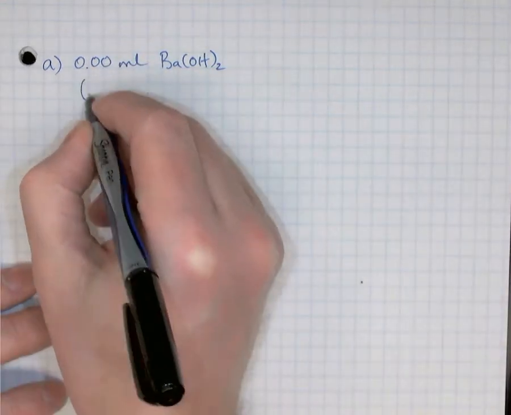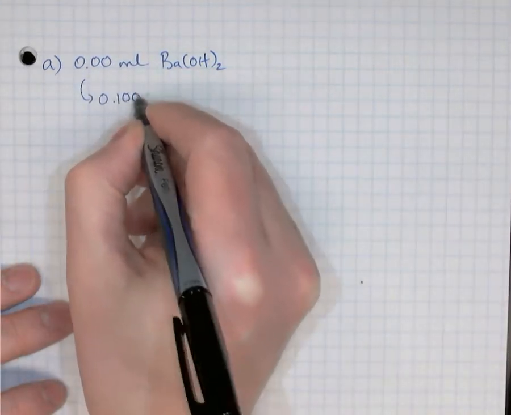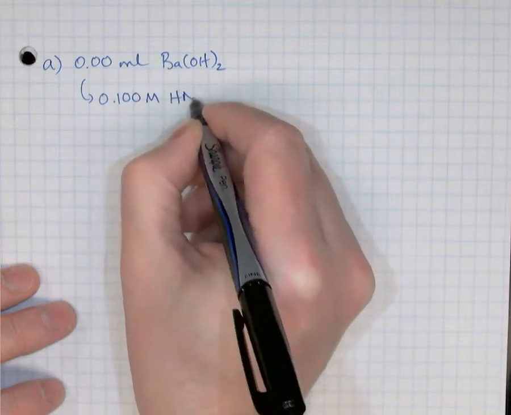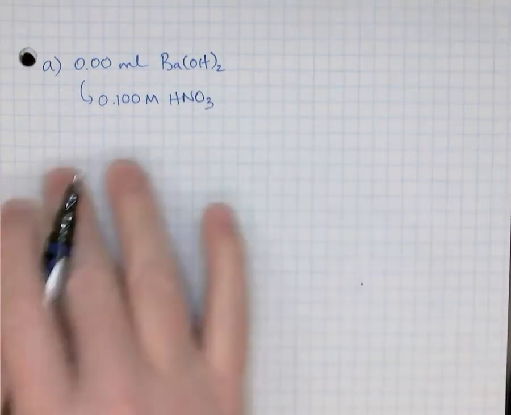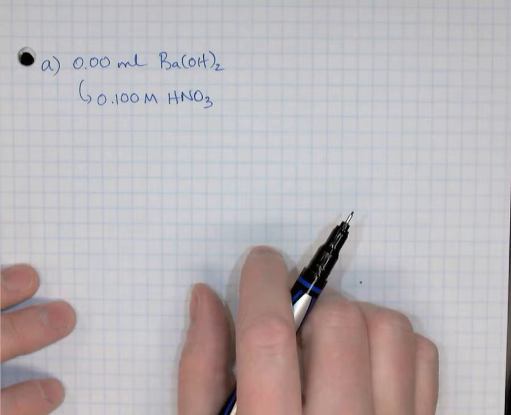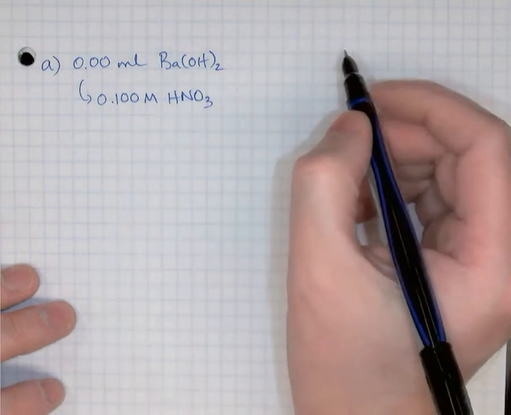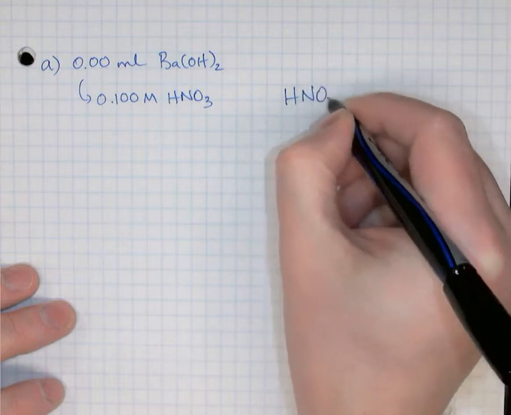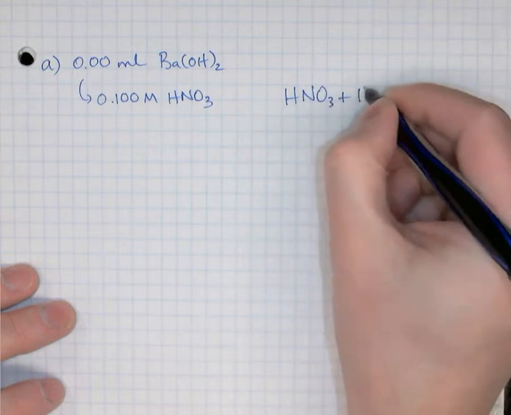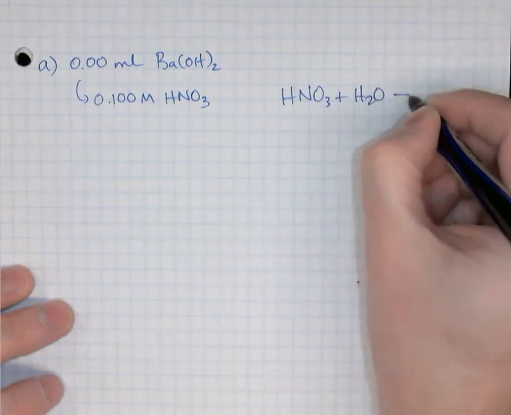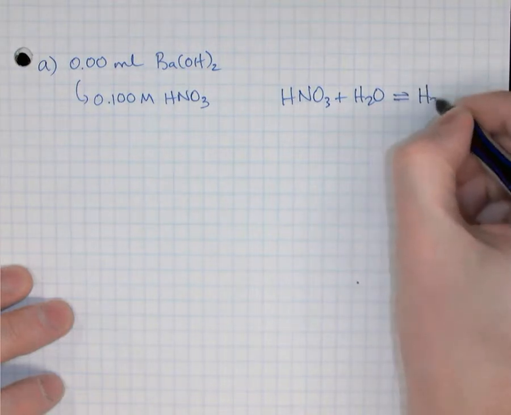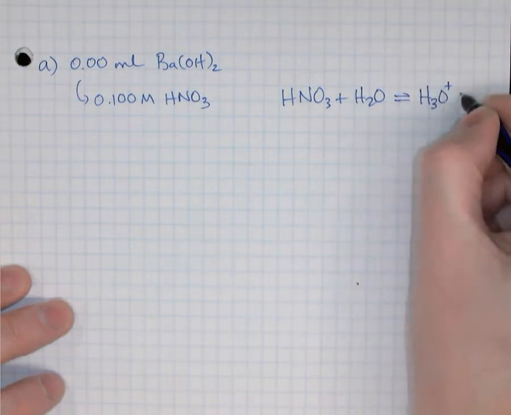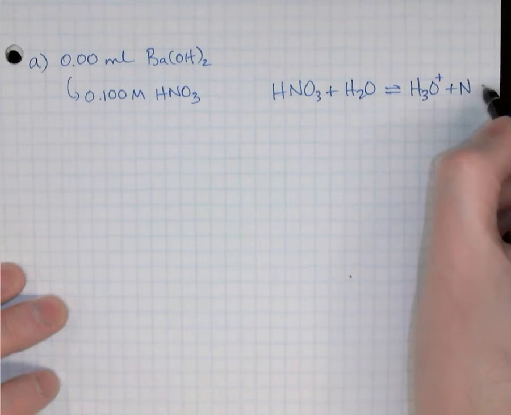So we have 0.100 molar nitric acid sitting in our beaker, and we just want to find out the pH of the solution. Well, nitric acid is a strong acid, so it's completely ionized. If you want, you could write an equation. Nitric acid reacts with water, completely ionizing to make hydronium and nitrate ions.